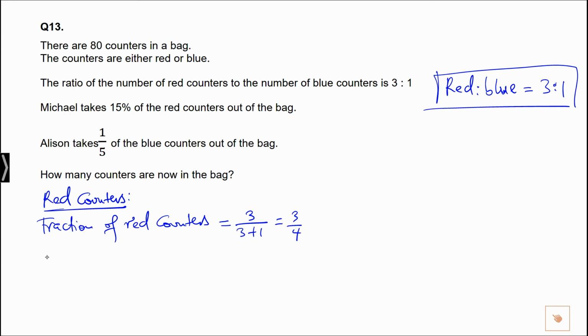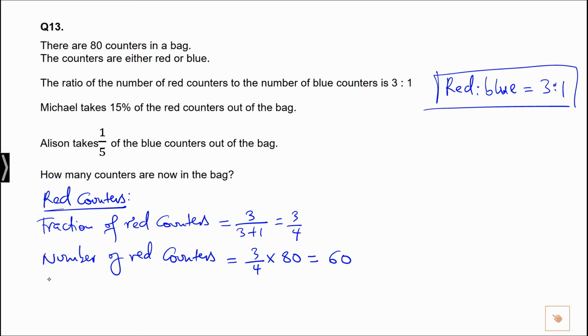And then the number of red counters will be equal to 3/4 of the number of counters in the bag, which is 80, and that gives us 60. So those are the number of red counters.